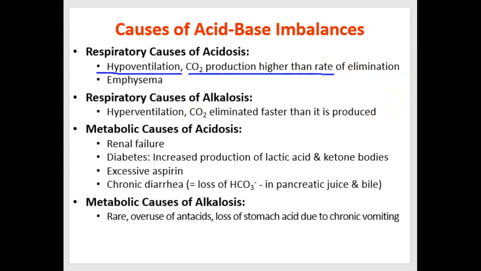And then you know you're going to get acidosis because carbon dioxide will combine with water and that'll produce carbonic acid and you'll have excess hydrogen ions around. An example of a respiratory cause of acidosis would be emphysema. And that's because air gets trapped and exhalation is difficult. And so the body tends to retain CO2.